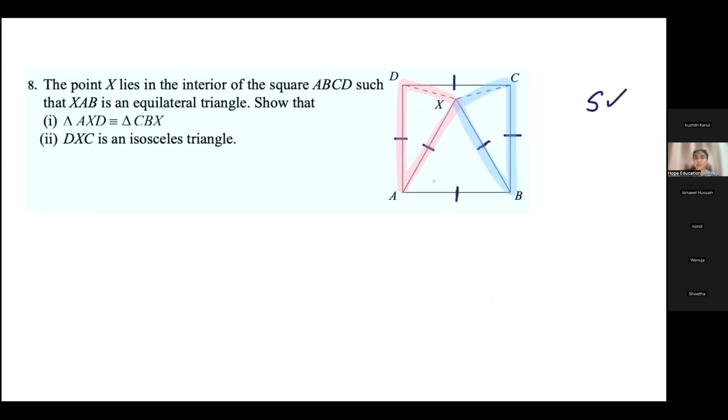AX is equal to BX. Why are they equal? Because they are sides of an equilateral triangle. So we have another side pair. What else do we have here? Which are equal?